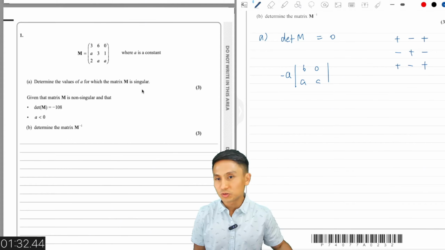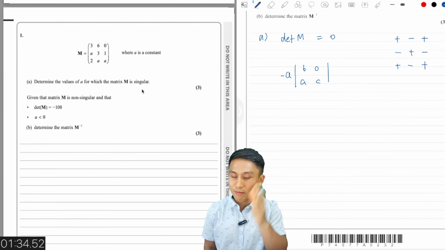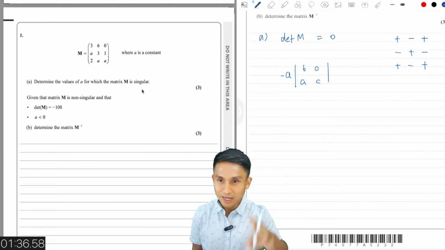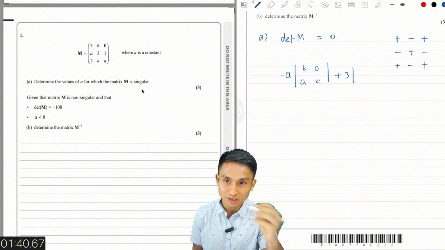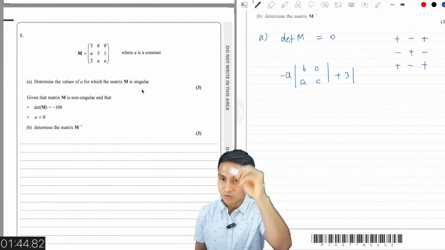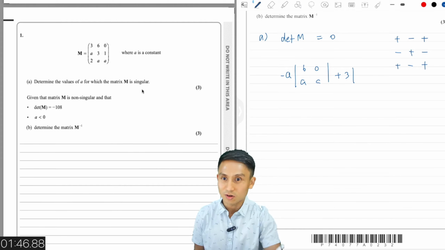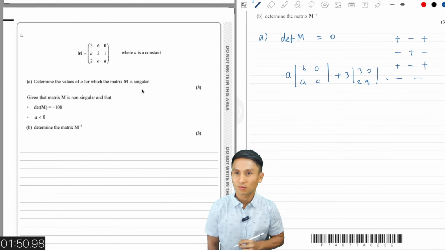So if you use the second column, it would be minus, plus, minus. So minus A times the minor of the A and plus 3 times the minor of the 3 here, which is, delete the second row, the second column, you get 3, 0, 2A, and so on, right?